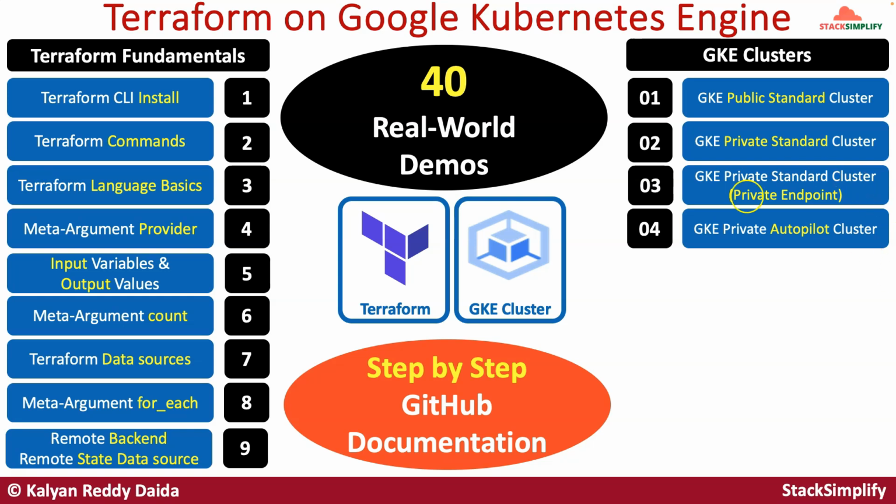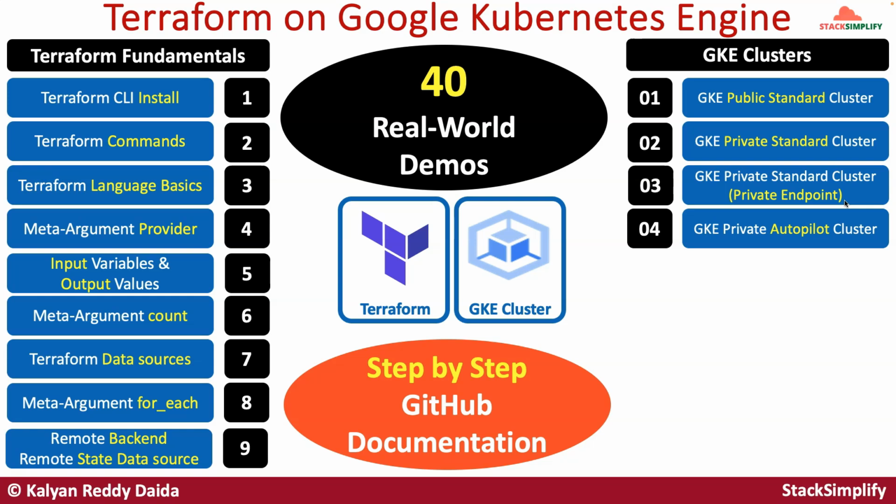For example, when we are implementing private standard clusters, we need Cloud NAT and Cloud Router related resources, so those also we are going to implement. And from a security standpoint, if we want to make our GKE clusters more secure, we can also implement a GKE private standard cluster with a private endpoint. Even that we are going to automate in one demo using Terraform.